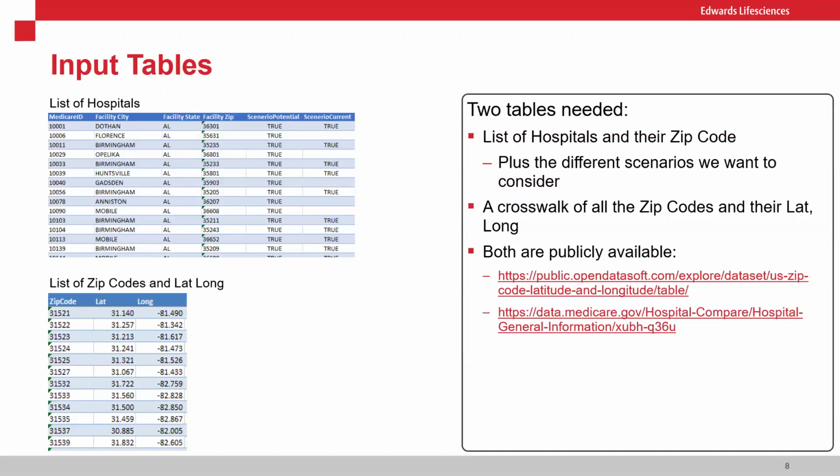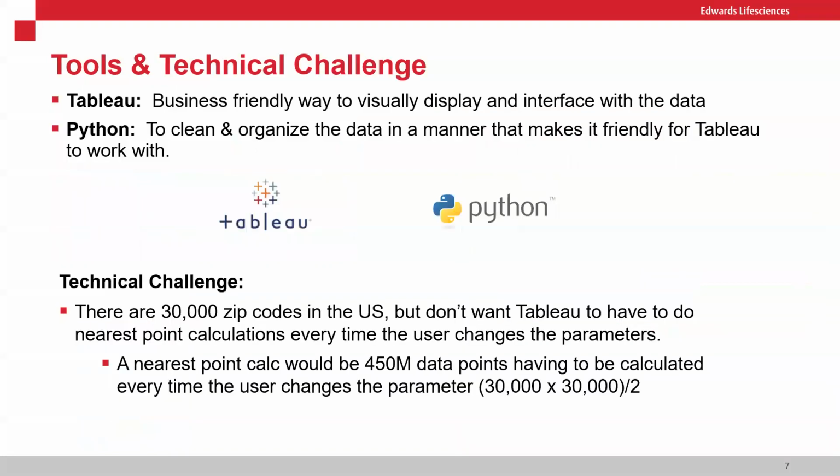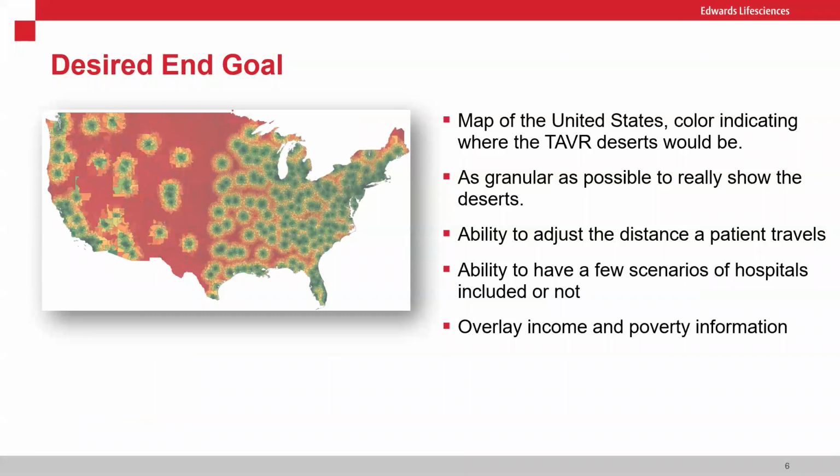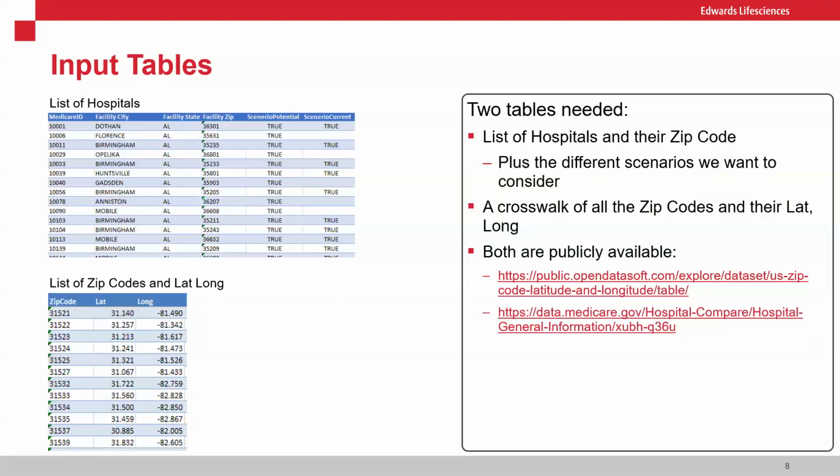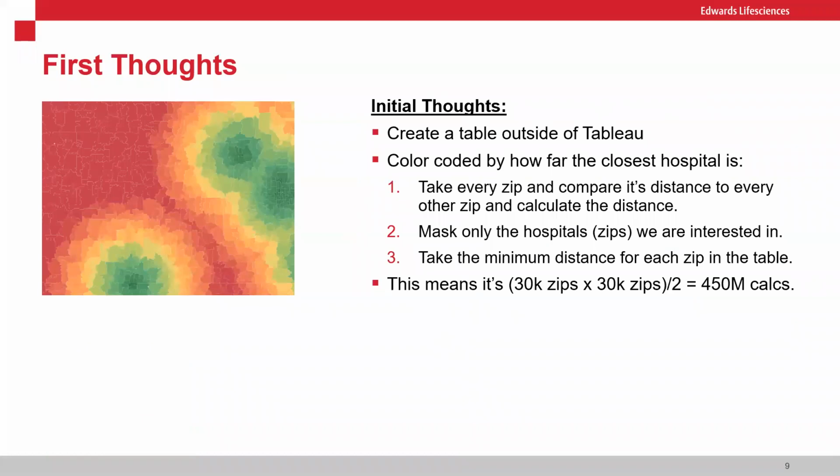So using that Medicare data and matching it up against a lat long data set that has all the US zips with their lat long, we can create that map look at the US, going back to the desired end goal. I want to be able to color code every single zip code in the US because visually it grabs the eye.